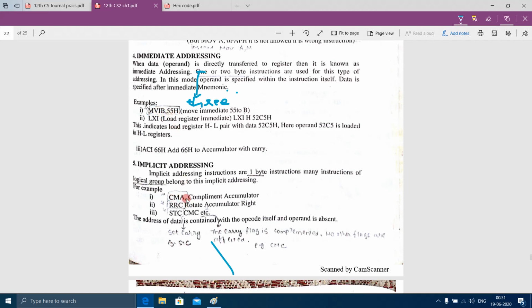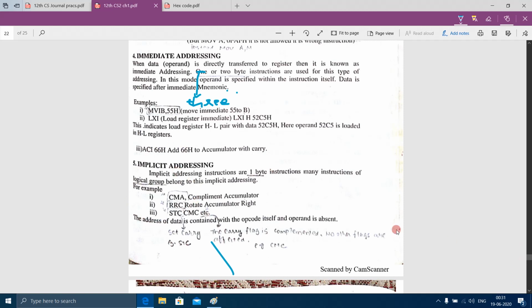Here we don't require operands, we only require the opcode, which is CMA or RRC. Here also, set carry: carry is specified in the instruction itself, no operand required. CMC, complement carry: again, carry is specified in the instruction itself and no operand. So this is implicit addressing mode.